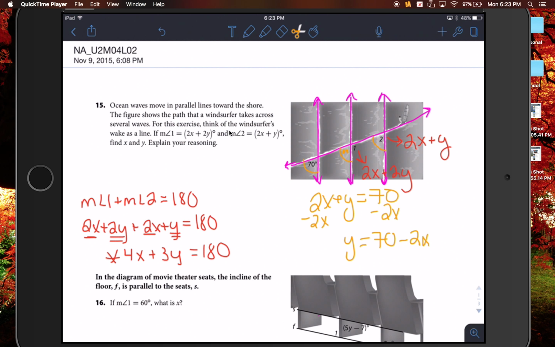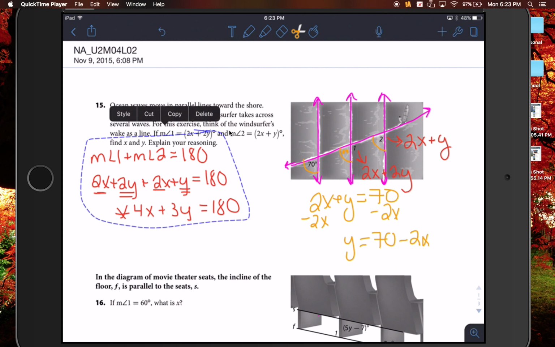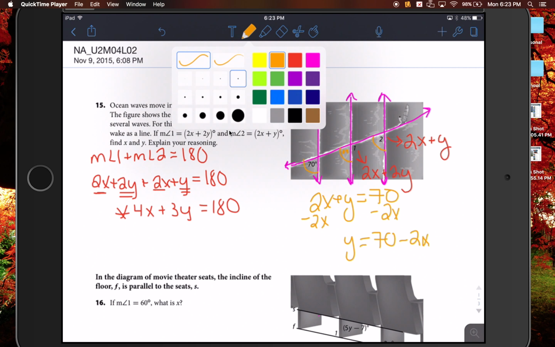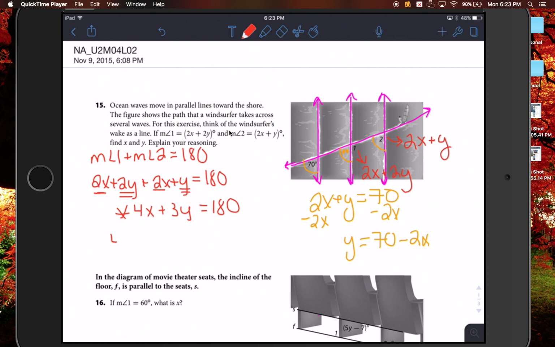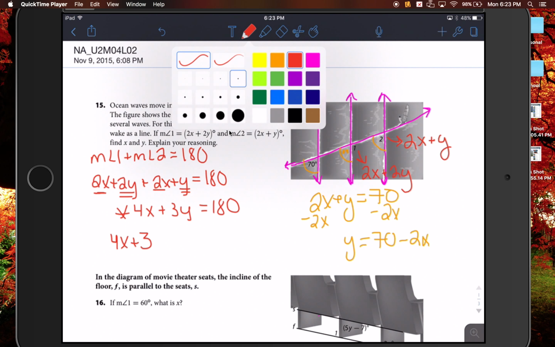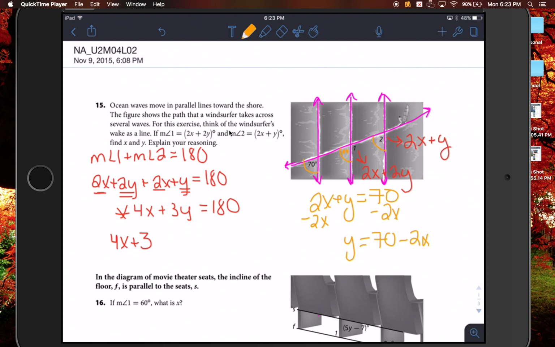So let me move this up here. Subbing it back in, I get 4x plus 3 times, since y equals 70 minus 2x, I'm just going to plug that in here, 70 minus 2x. And that equals 180.